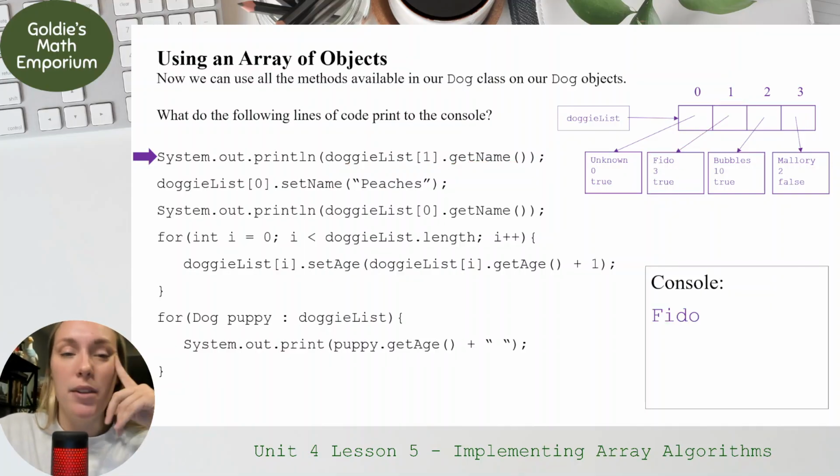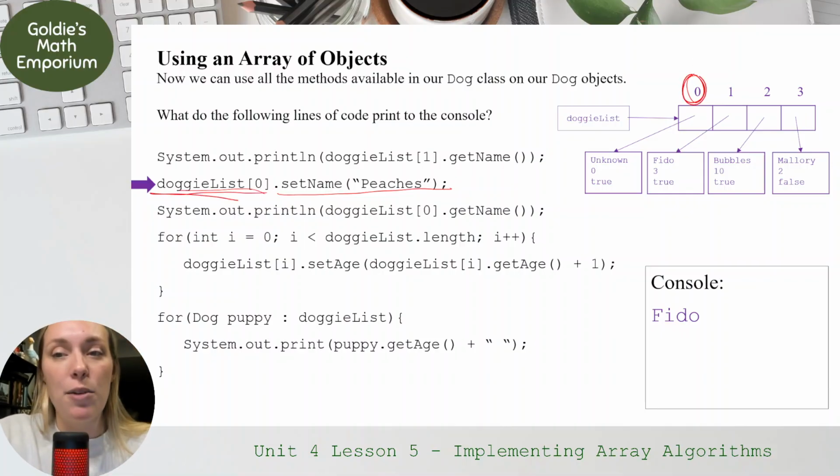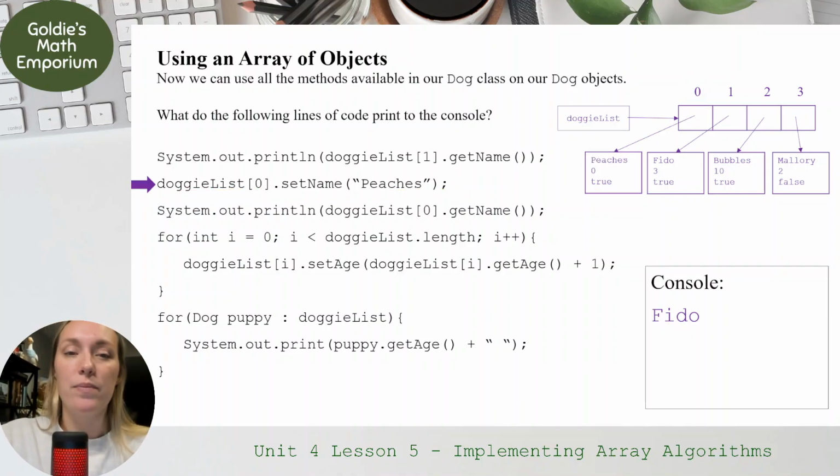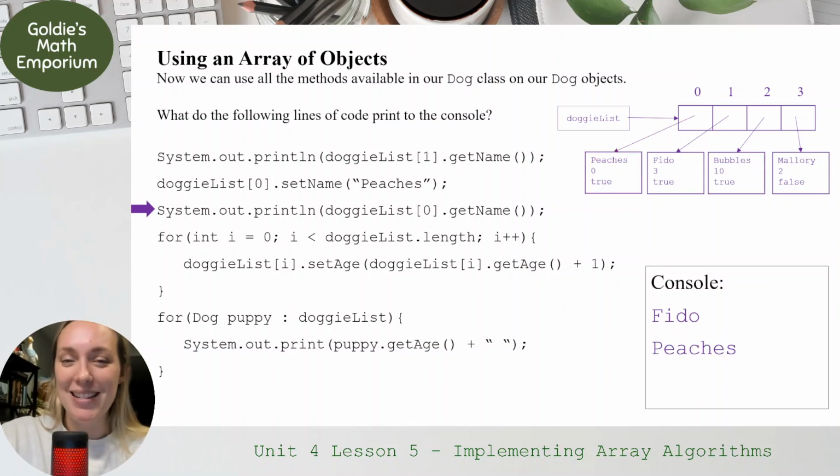This is going to print Fido. Okay. Here, doggy list 0.setName Peaches. Okay. So doggy list 0, and we're going to set this name to be Peaches. Now, if I have doggy list 0, get the name, we're going to return Peaches and print off Peaches.